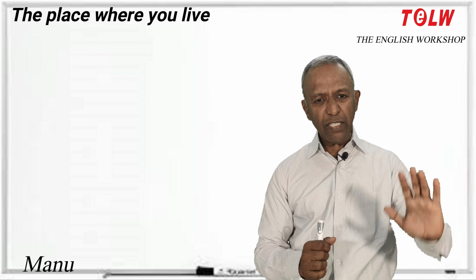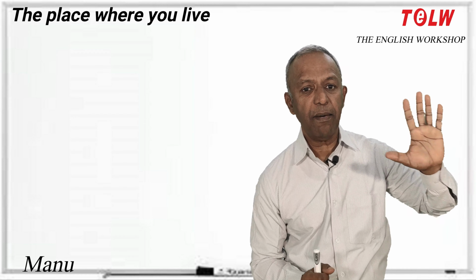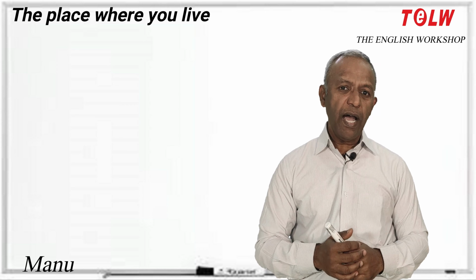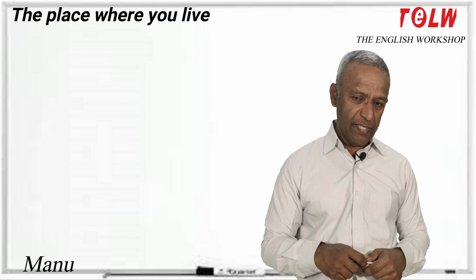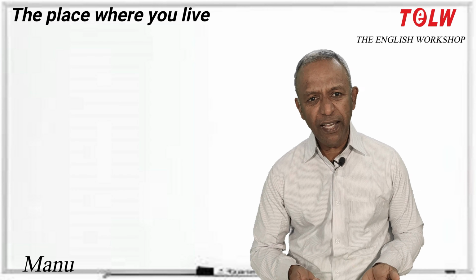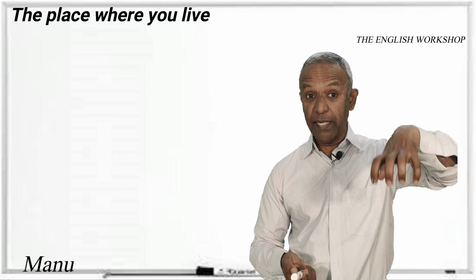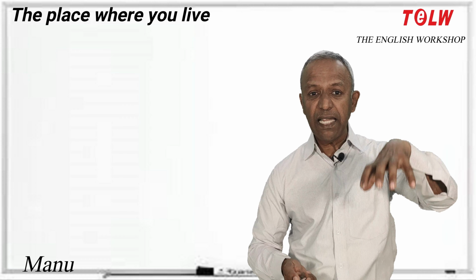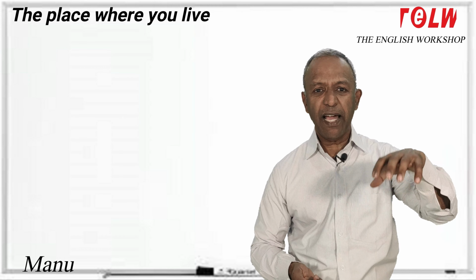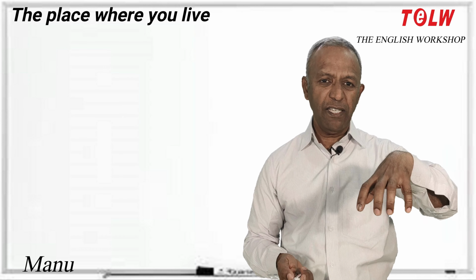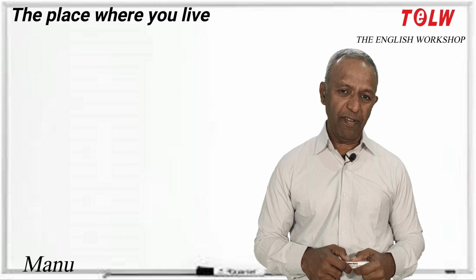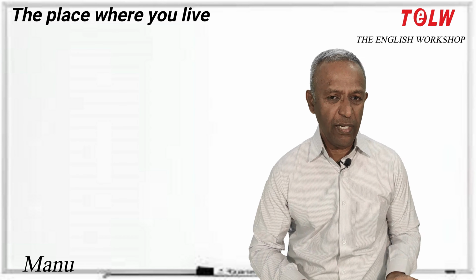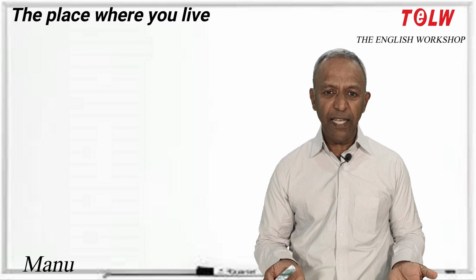My house has got an address, a number. So that is A175. That's a number now. So I don't say I live in A175. I say I live at A175. So where do you live? I live in New Delhi.